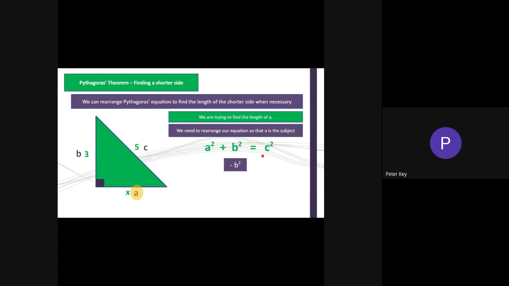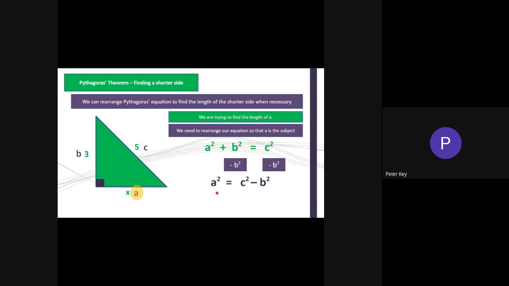So what I'm going to do this time, I'm going to change this formula around so that instead of the c squared, the hypotenuse, being the subject, I need the x to be the subject.